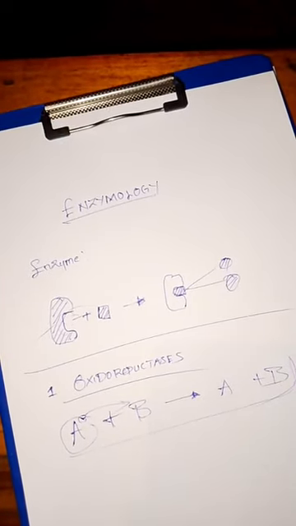So one molecule is going to be reduced and another molecule is going to be oxidized. That is where the concept of oxidoreductase enzyme classification is coming from.